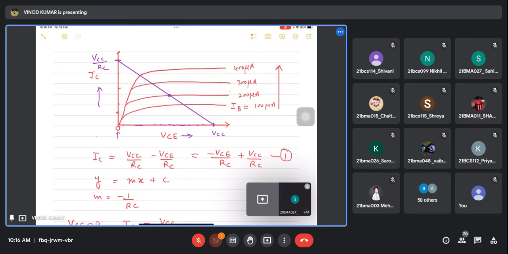Okay, so it means there is variation around this point. This point is called the Q point, operating point, or quiescent point basically.